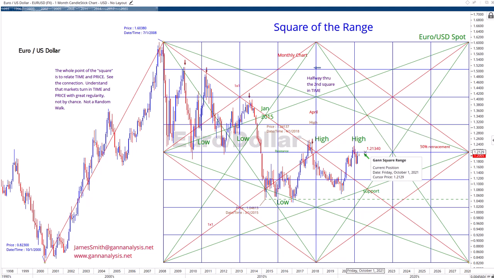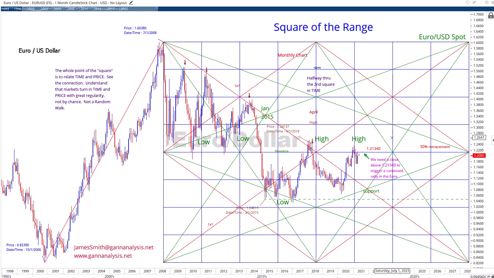So that's a quick run through on how we'd use this square of the range for the euro versus the dollar. But you can see there's a lot of hits here. There's a high here, a low here, a low here, a low here. It's working pretty well. I would say, we'll just keep using it.